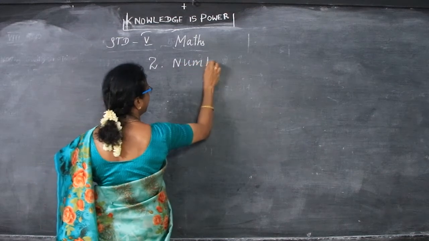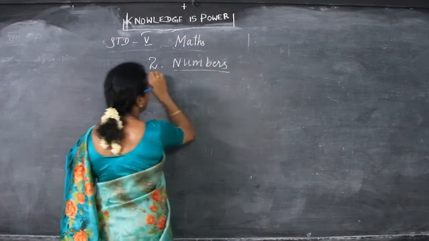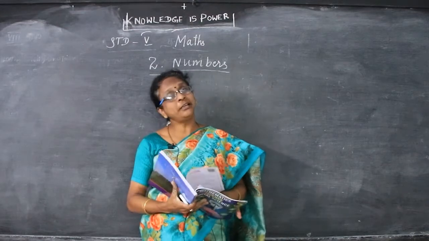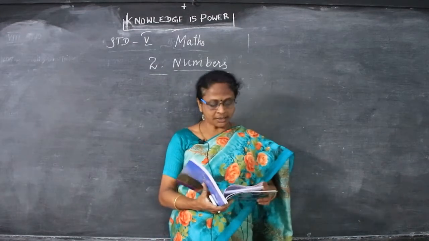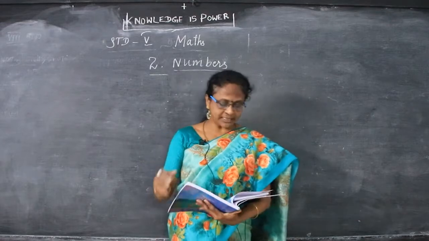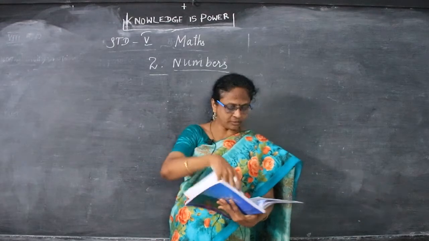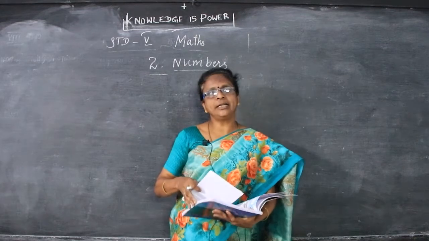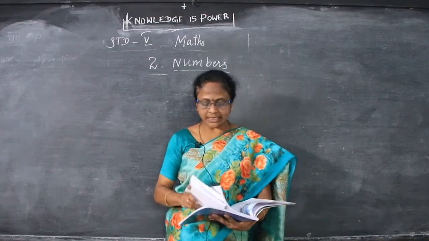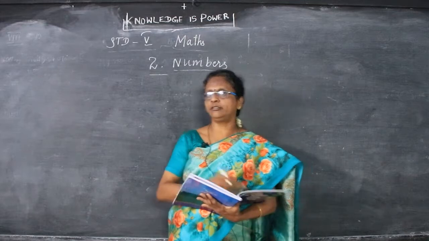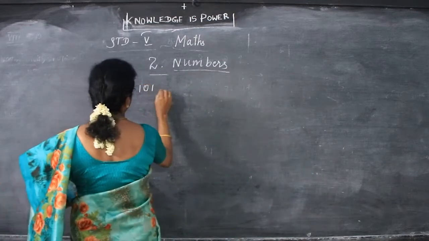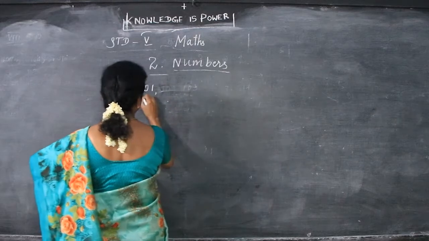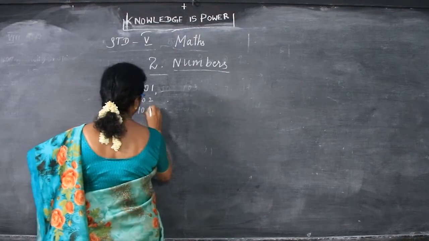You know the numbers 1 to 100. Already you might have learnt in the lower classes 1 to 100, then from 101 to 1000, then 1001 to 10,000, like that we learn. So in this class we are going to learn about the numbers beyond 10,000. After 100 comes 101, 102, 103, 104, 105, then 110.